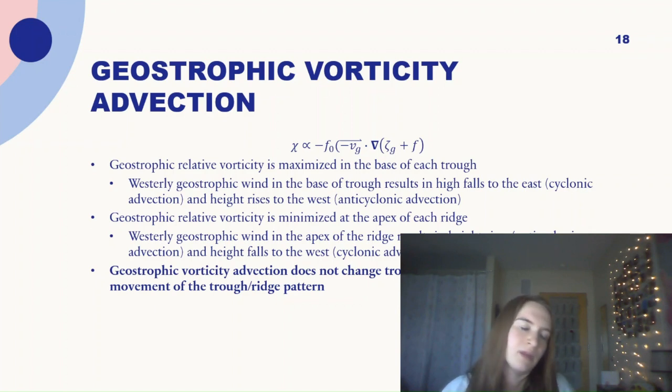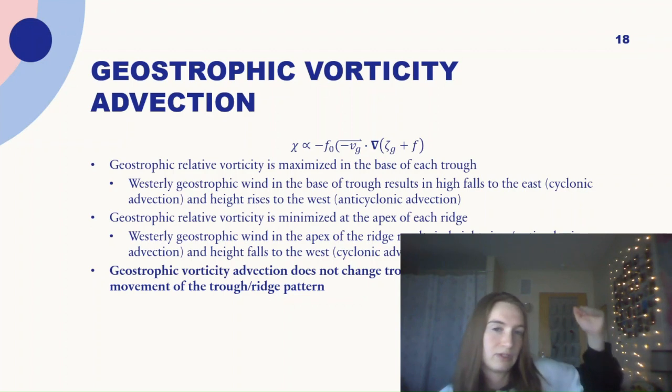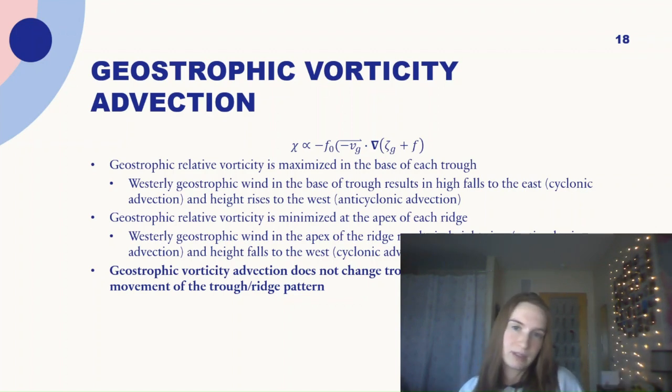We talked about this, right? It's most cyclonic at the base of each trough. Therefore, we have westerly geostrophic wind at the base of the trough, resulting in height falls to the east and height rises to the west. So anticyclonic advection to the west is height rises. Cyclonic advection to the east, height falls.